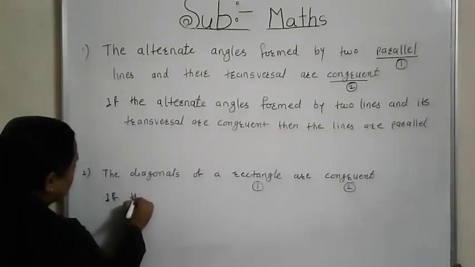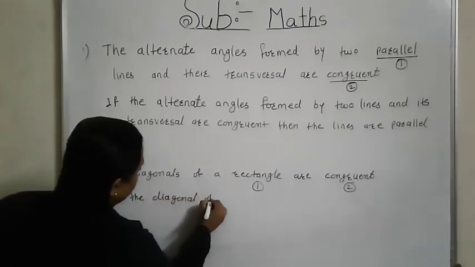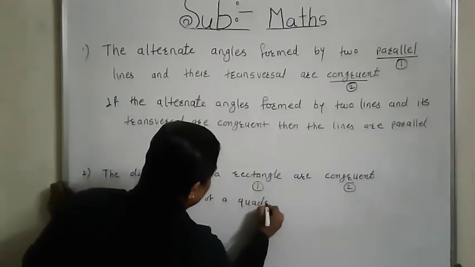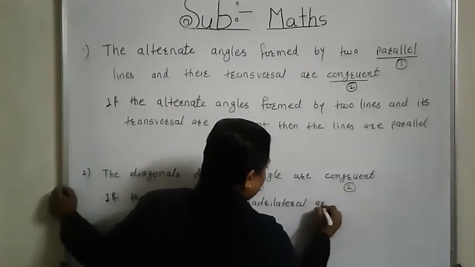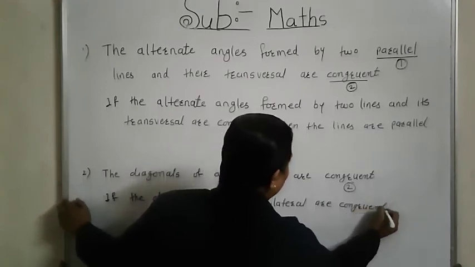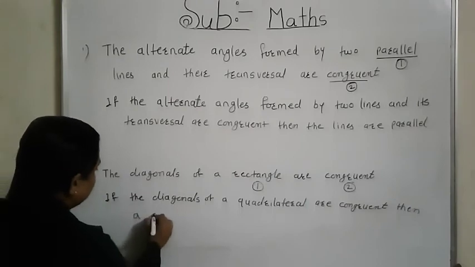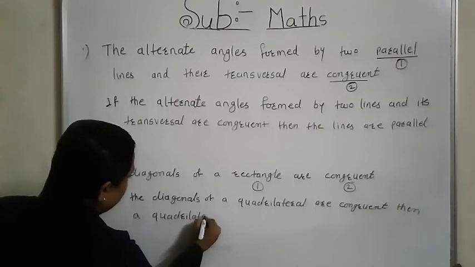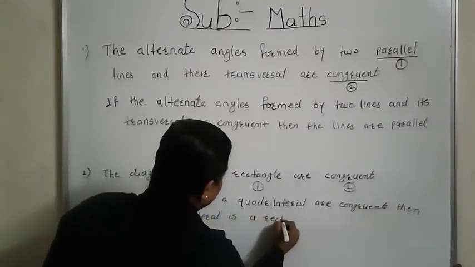If the diagonals of a quadrilateral are congruent, then a quadrilateral is a rectangle.